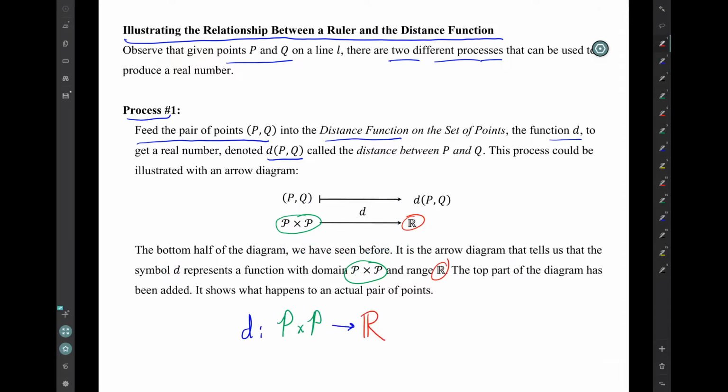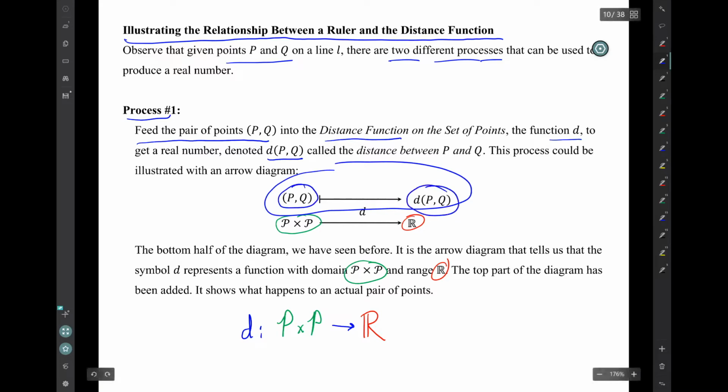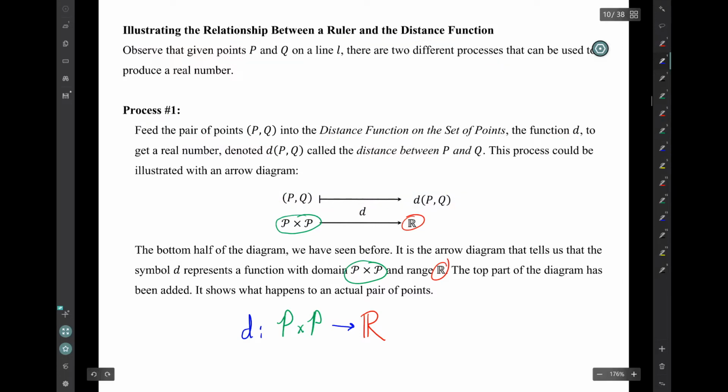But the top of the arrow diagram tells us what actually happens to a pair of points. A pair of points, P and Q, get sent to this real number, d parentheses P comma Q. So that's process 1 for getting a real number from the pair of points P and Q.